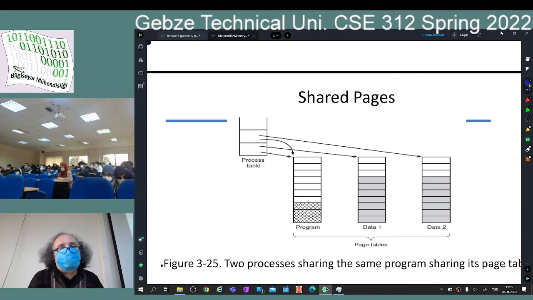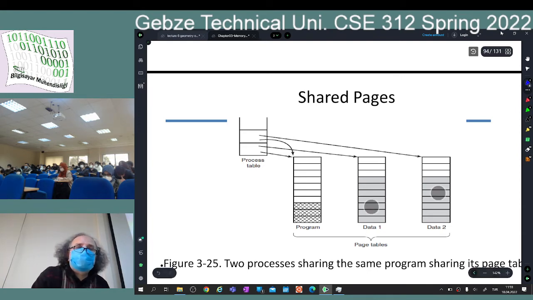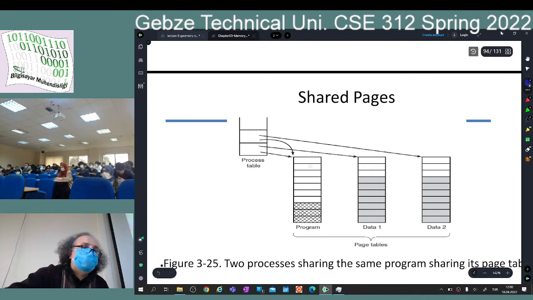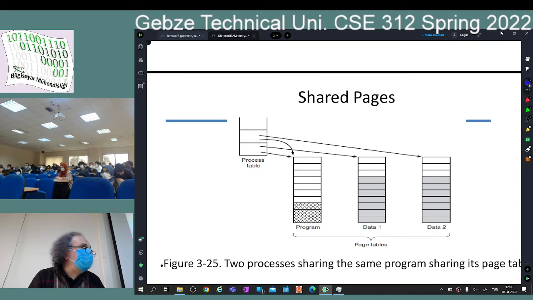Their data spaces are different because their data will be different. They modify different parts of the memory, but their instructions are exactly the same. So what did I gain? I saved lots of memory after the fork operation.